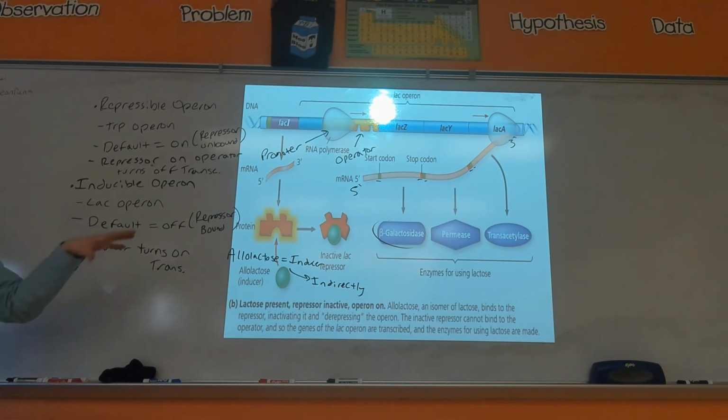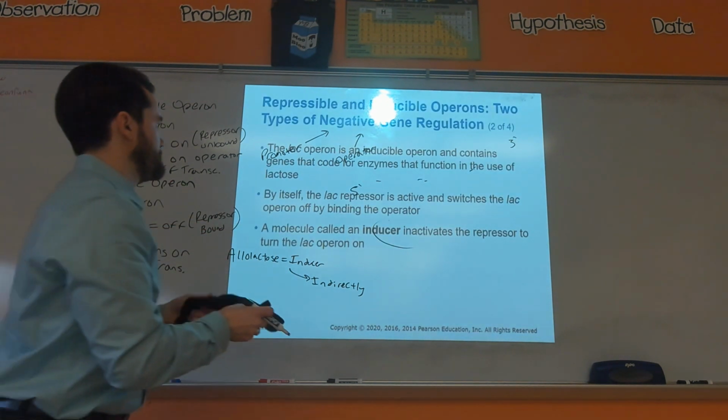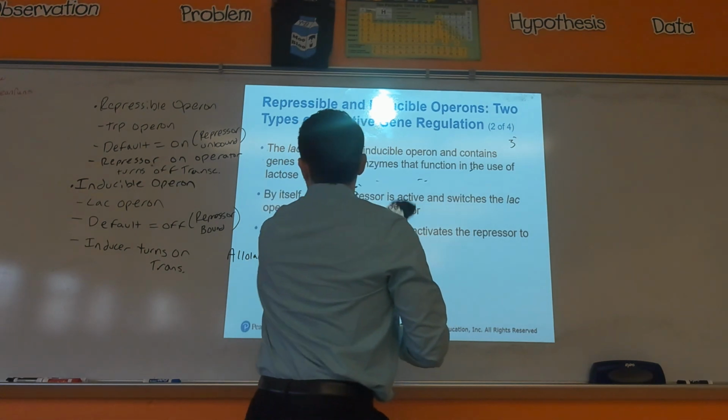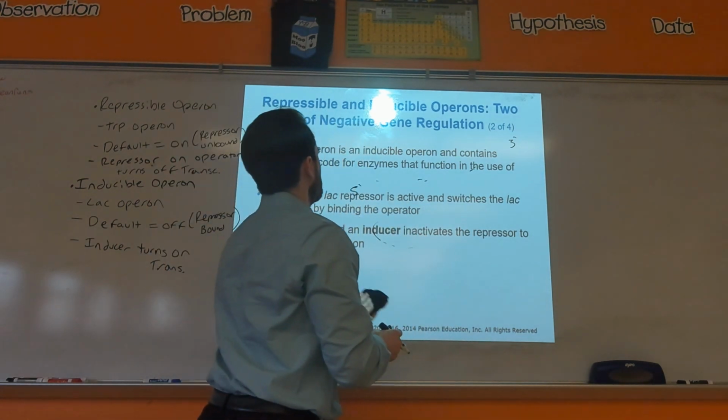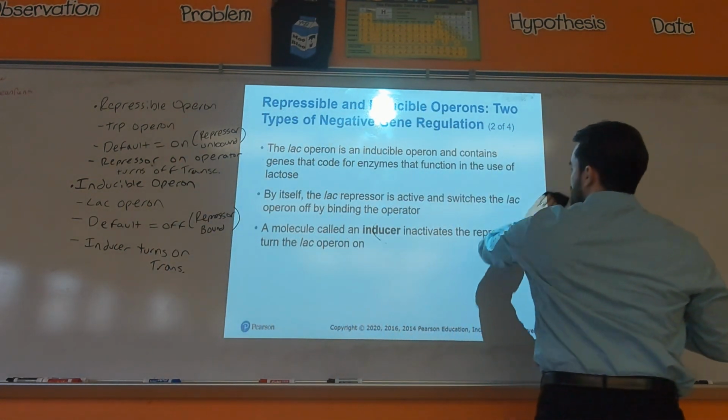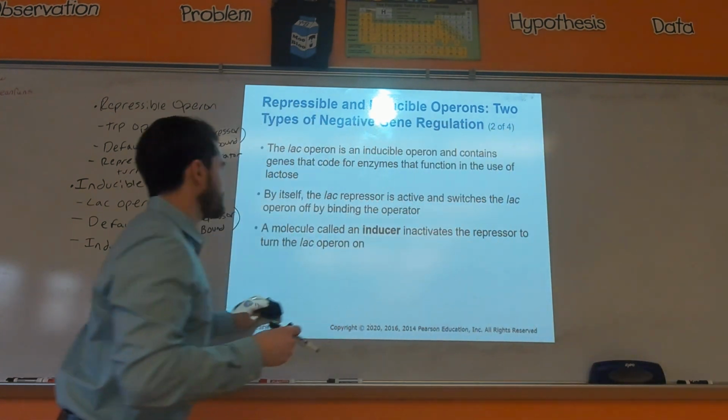All right, any questions about this? Okay. Again, basic idea. Don't get lost in the details. Basic idea makes some sense, right? You only want to make the enzymes for lactose when you have lactose. And again, that is an inducible operon.